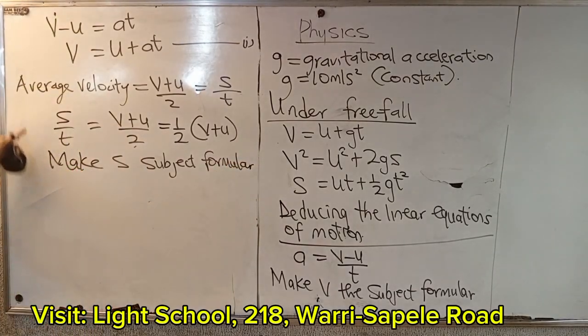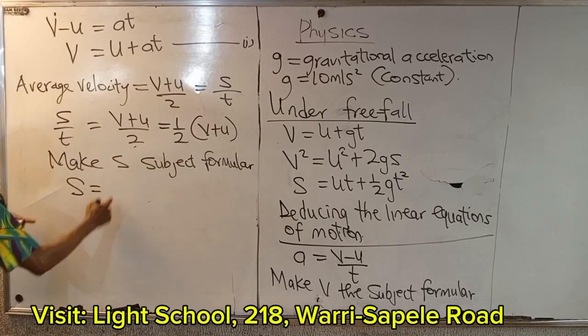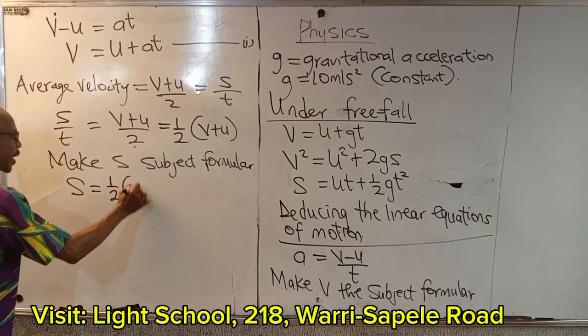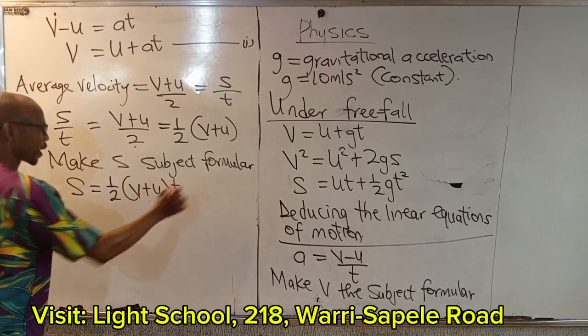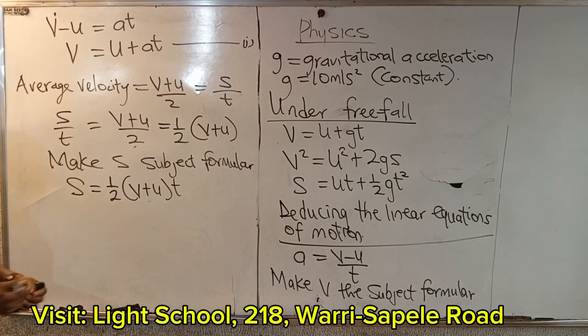If we want to make x the subject of the formula, our t will cross to the other side. So x = 1/2 (v + u) t. This gives us the second formula that we have there.